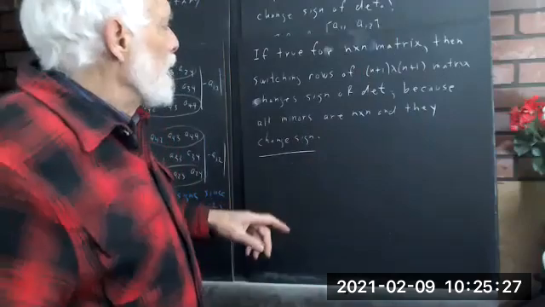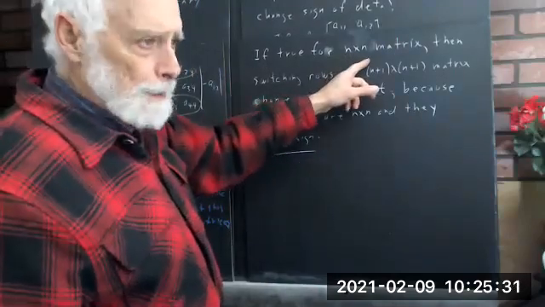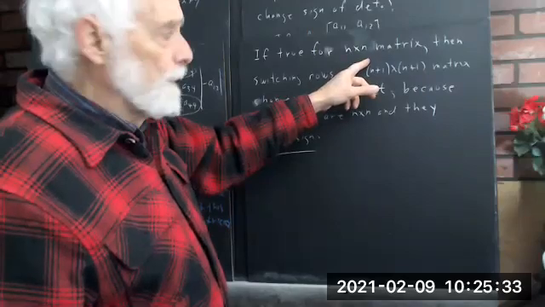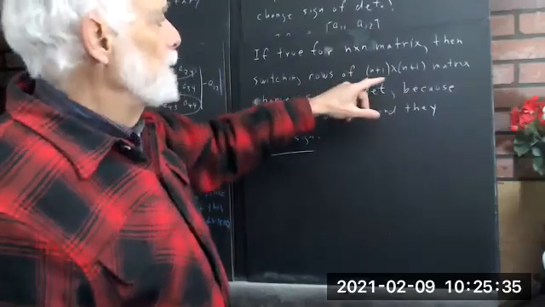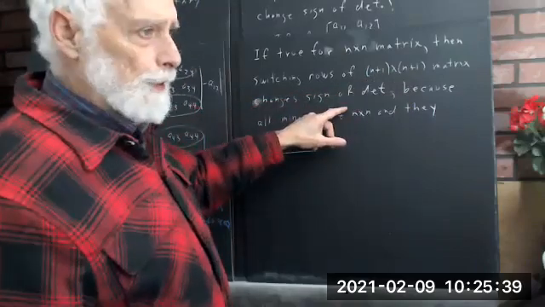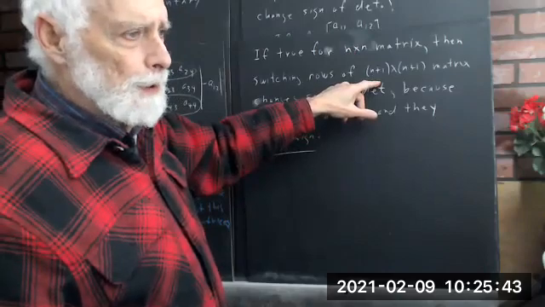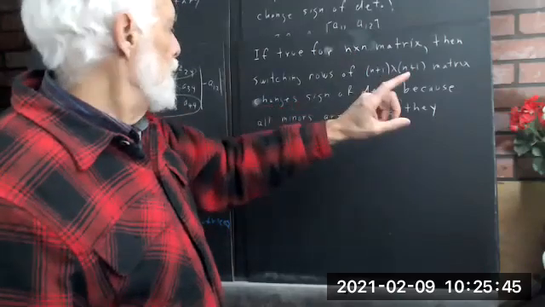But we can say in general, if it's true for an n by n matrix, then switching rows of the n plus 1 by n plus 1 matrix would change the sign of the determinant. In other words, if it's true for n by n, it's got to be true for n plus 1 by n plus 1. Why is that?